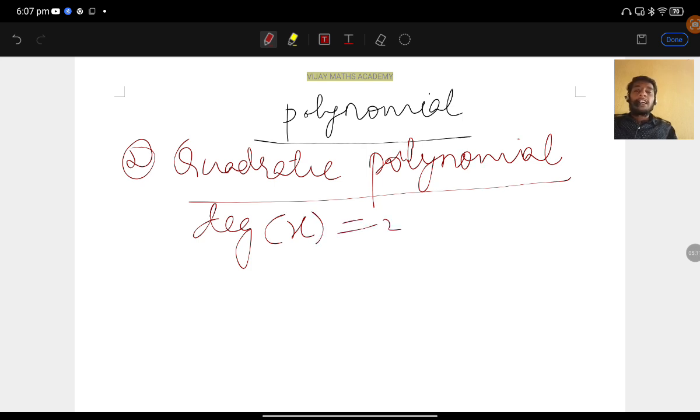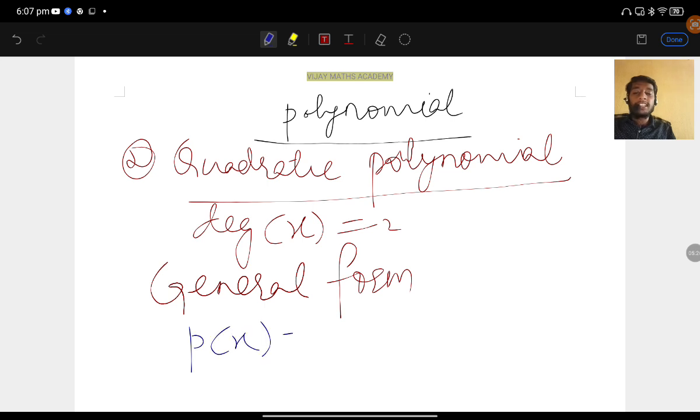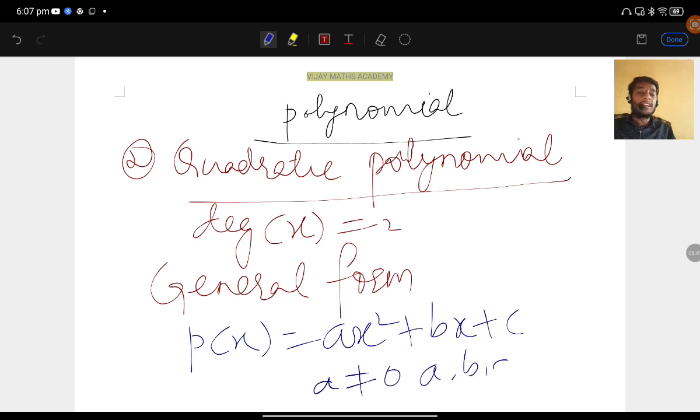Now you should frame your own examples for the quadratic polynomial, but I suggest that the general form for the quadratic polynomial will be p of x is equals to ax square plus bx plus c, where a is not equal to 0. a, b, c are real numbers.